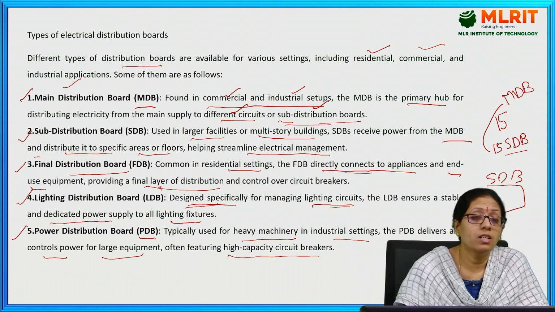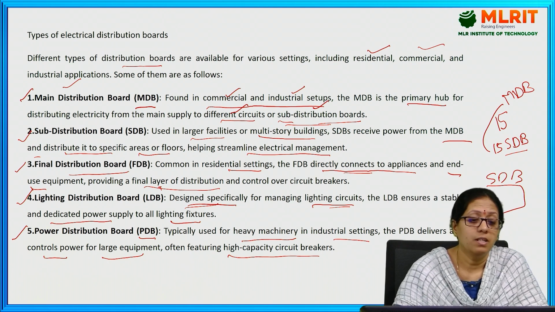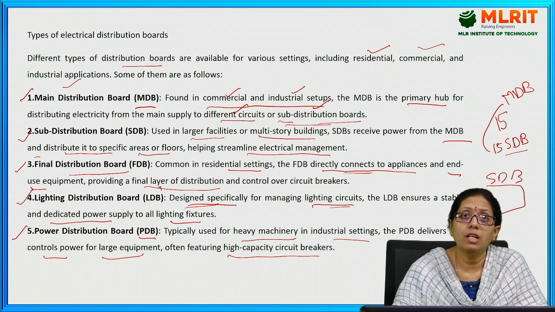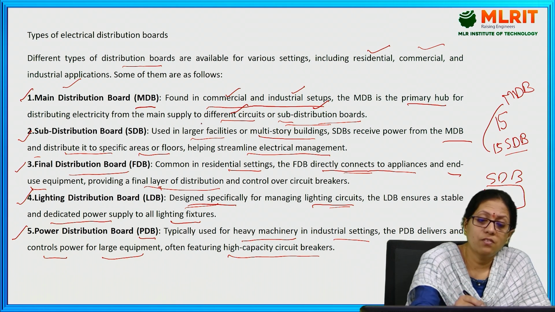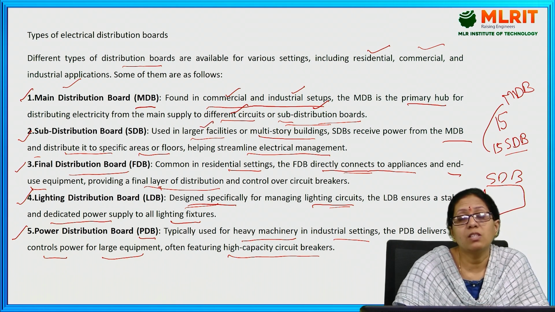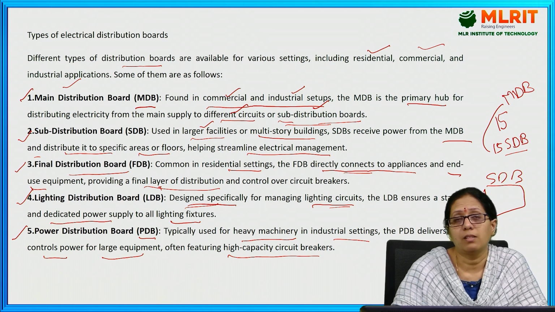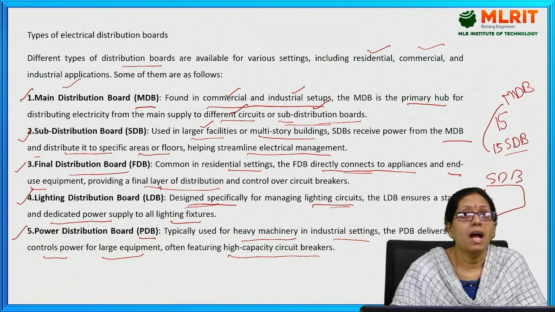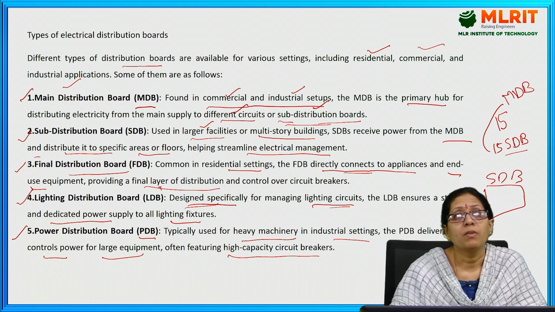The second one, that is SDB, sub distribution board, is mostly used in larger facilities like larger buildings or multi-storied buildings. So SDB is used in multi-storied buildings, and each floor will have a separate SDB which is finally connected to the main distribution board.